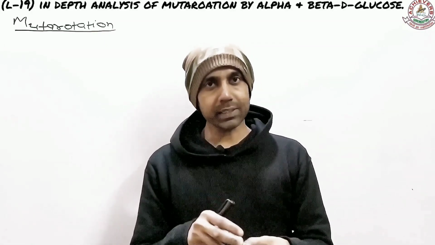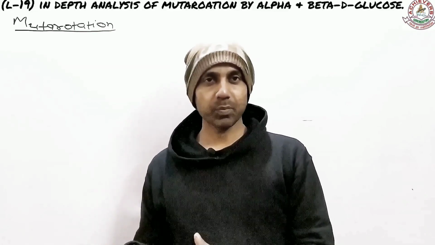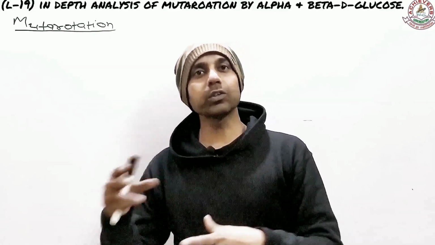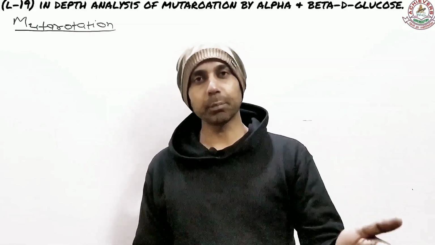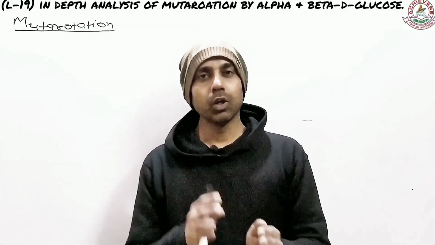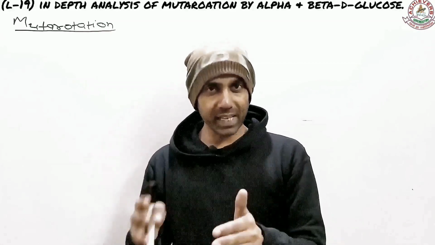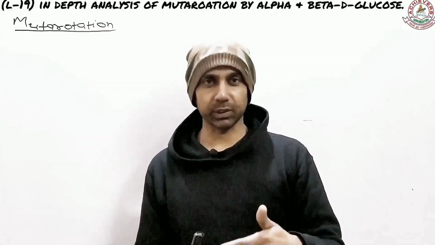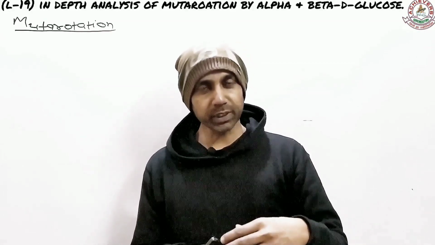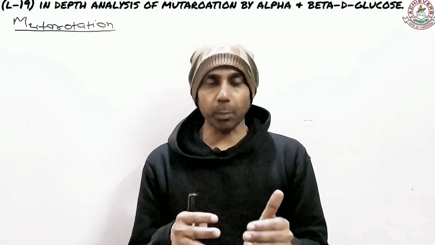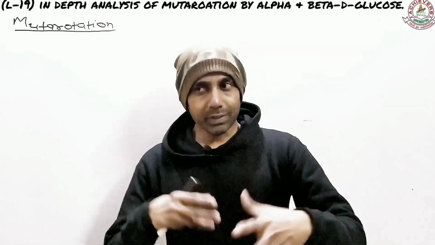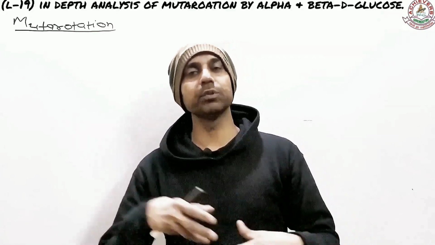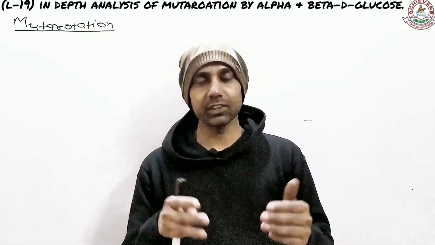When you pass plane polarized light through a glucose solution, either beta or alpha, the PPL will undergo rotation. This rotation is the main topic here, and I will explain many things about it.